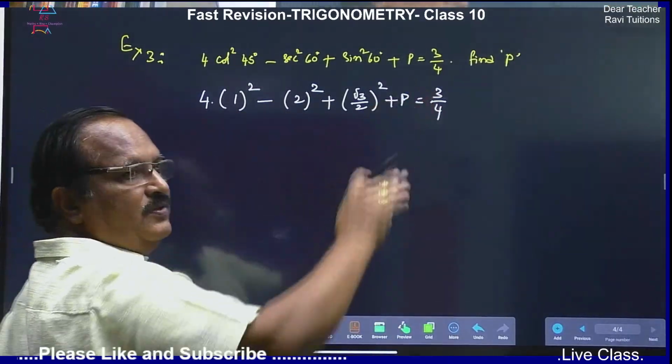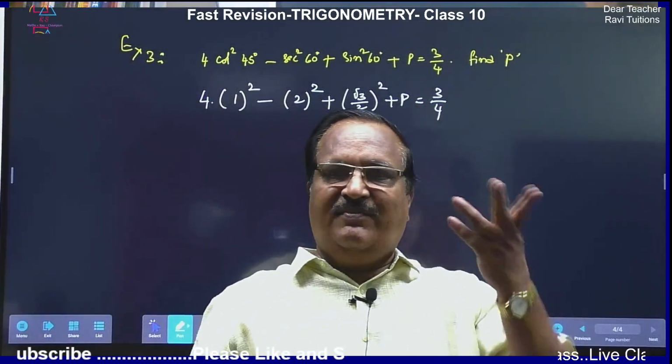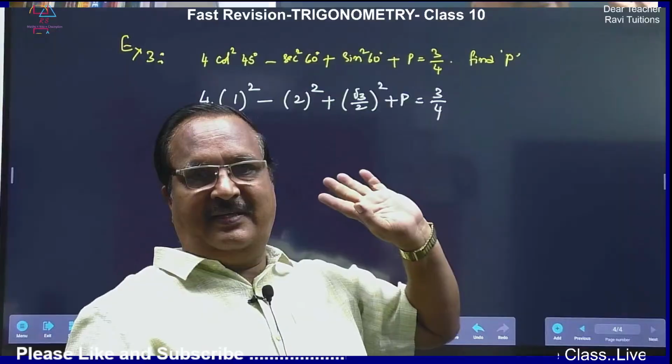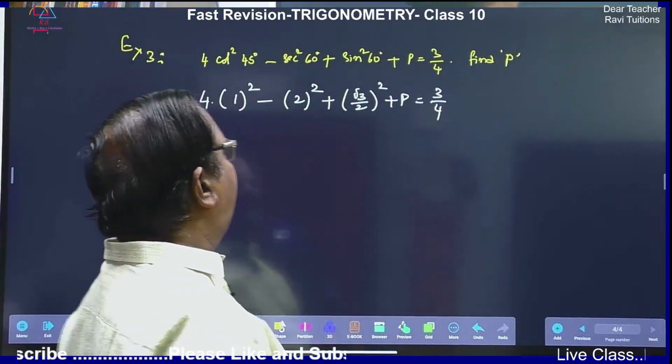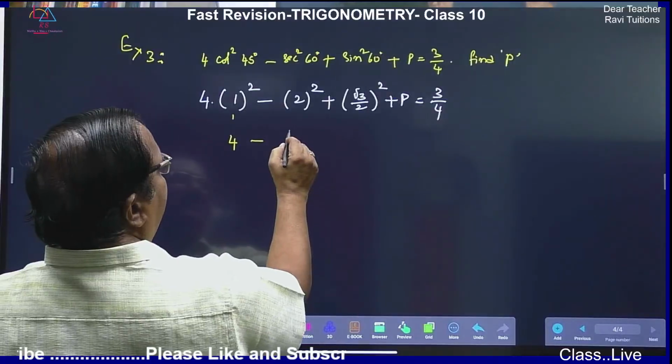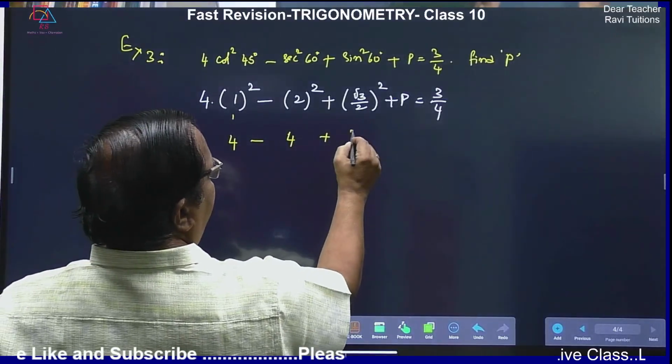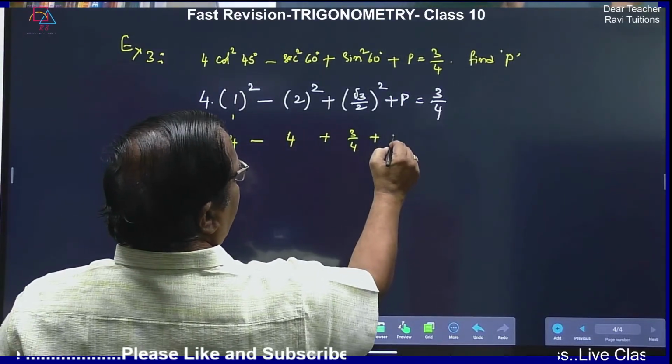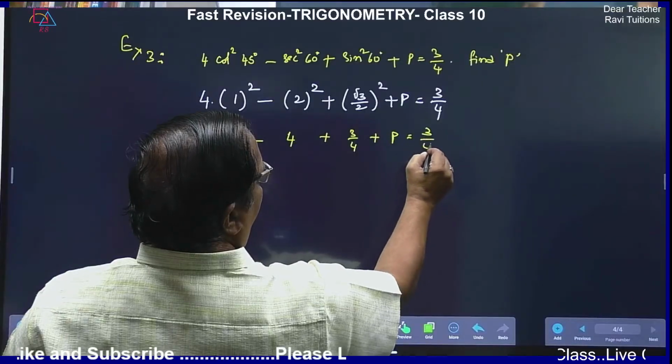Now all the values have come. This is a simple equation in one variable, only P. Now simplify it first. So 4 into 1 square, this is 4, plus 3 by 4, and plus P is equal to 3 by 4.